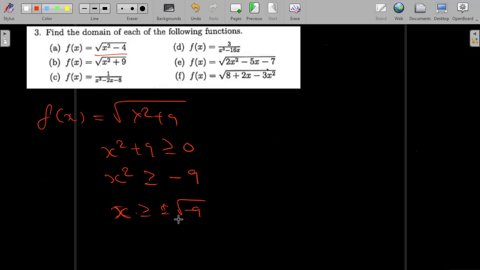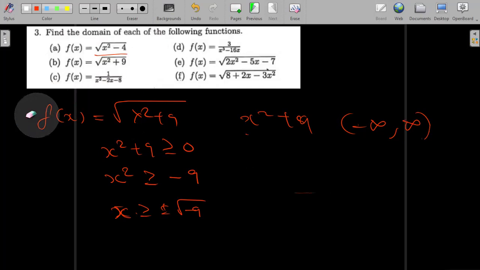If the only restricted region is the imaginary numbers, then for real numbers, x squared plus 9, since there's a square there, this is going to be valid for all values of x, and you will not have a restriction on the negative part. So this will be valid from negative infinity all the way up to positive infinity.